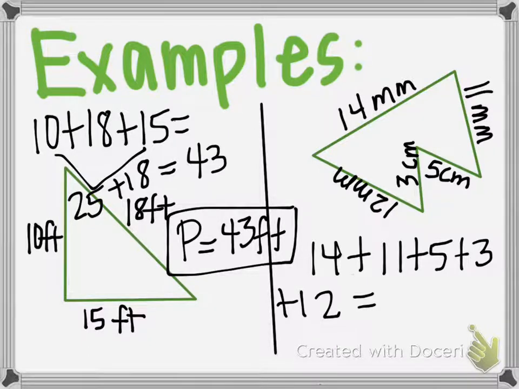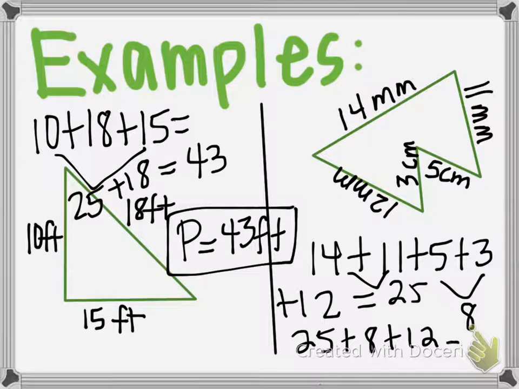Here it would probably be 5 and 3 makes 8, 14 and 11 makes 25. So then you have 25 plus 8 plus 12 equals 45. So the perimeter of this shape would be 45 millimeters.